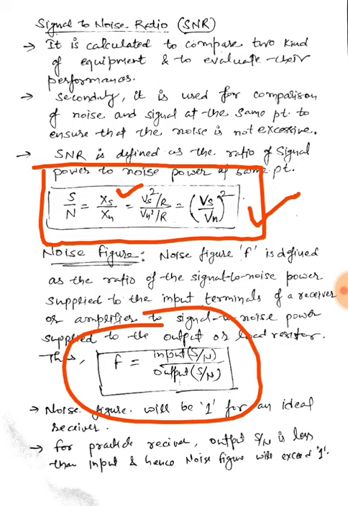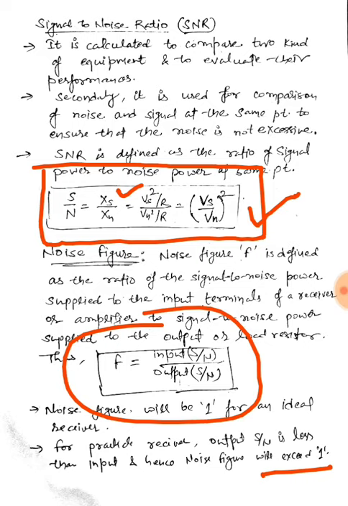are equal. If these are equal, then the system or our receiver would be an ideal receiver, but practically it is not possible. For practical receivers, the signal to noise ratio at the output is always somewhat less than at the input, and hence the noise figure would be greater than 1 for practical systems.